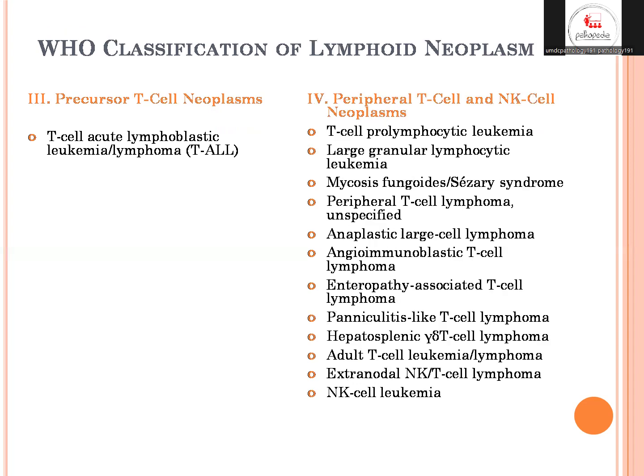The third category is precursor T cell neoplasm, which includes T cell acute lymphoblastic leukemia or lymphoma.